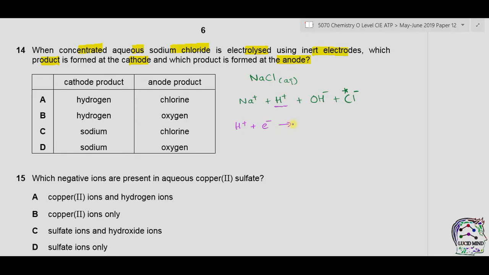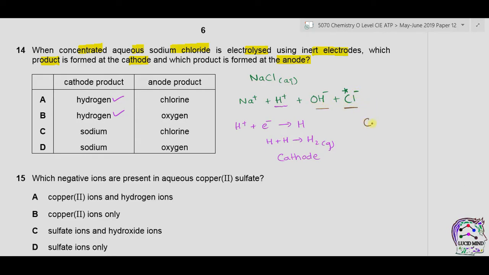It will gain an electron and convert into a product. Now this product is unstable, so one hydrogen atom combines with another hydrogen atom to form hydrogen gas. So the product at the cathode is hydrogen gas. Similarly, among anions we can see that the anion having more concentration will be discharged first. As this is a concentrated aqueous solution, chloride ions are greater as compared to hydroxide.